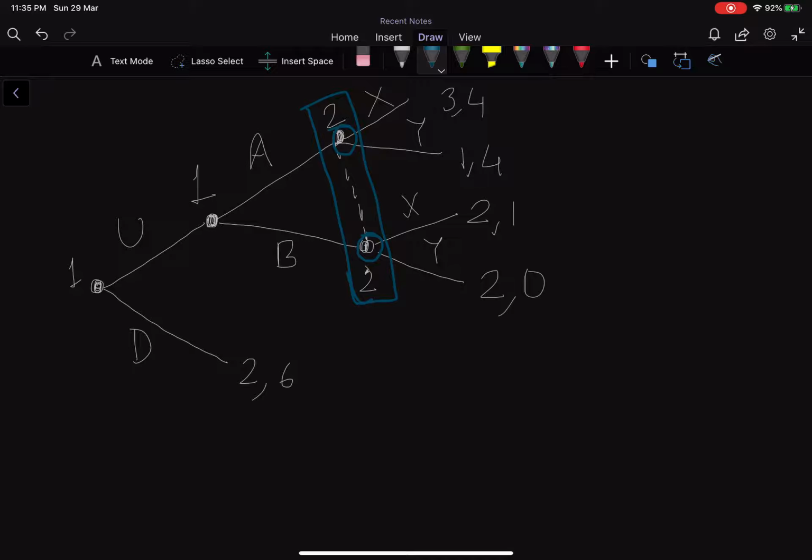So let me now augment our definition of strategy. In the last class, the definition of strategy was that it must specify an action in every node in which the player can make a move.